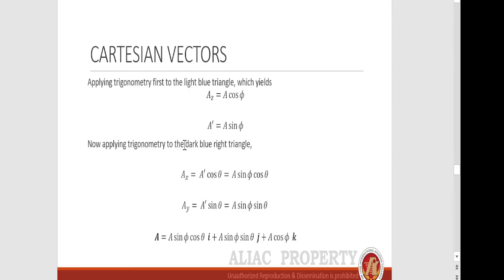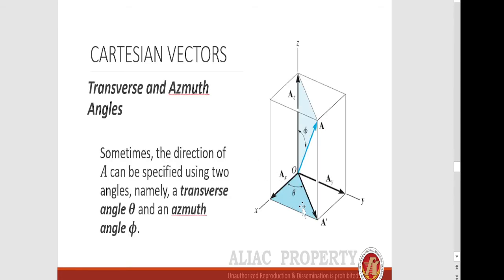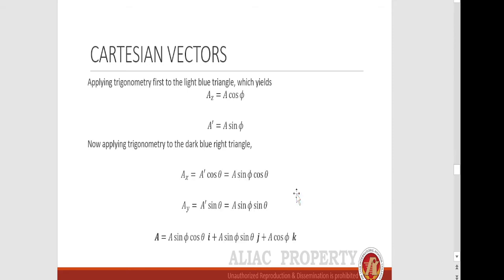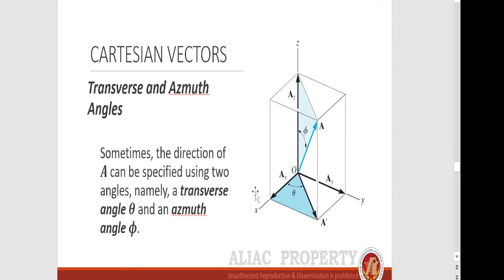Then now applying trigonometry to the dark blue right triangle, this part. AX should be equals to A dash cos theta. Usually cos theta is equals to base over hypotenuse.